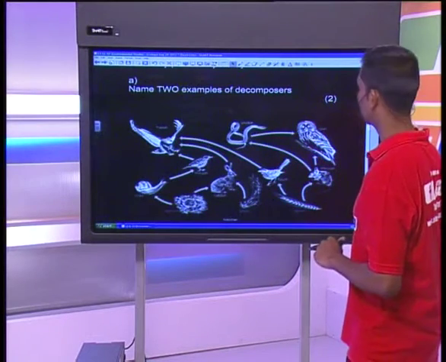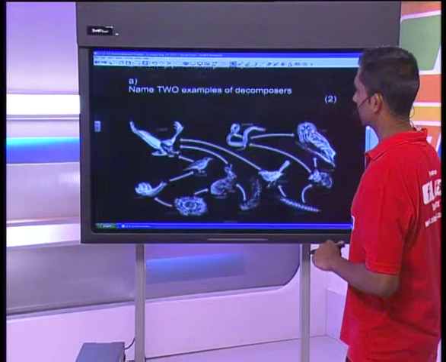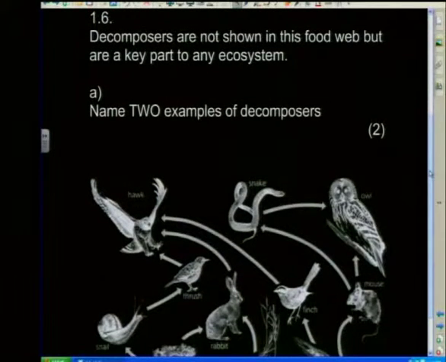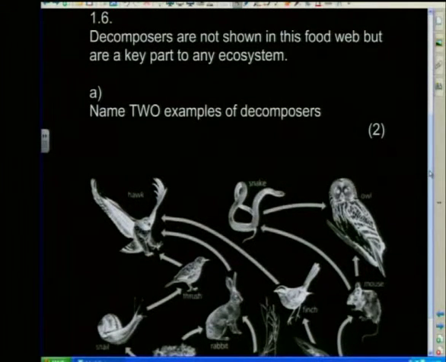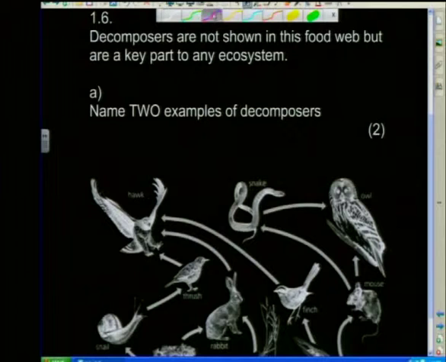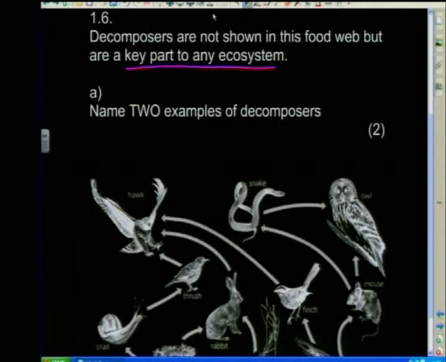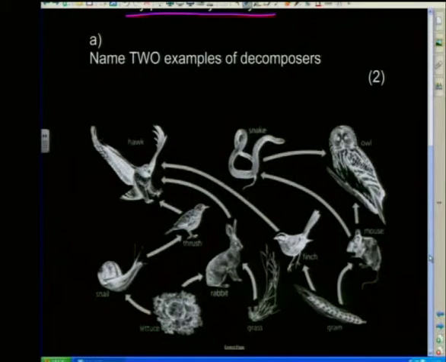So getting back to the food web. Decomposers are not shown in this food chain, but they play a key part in any ecosystem. We discussed the importance of bacteria and decomposers already. Let's look at 2 examples of decomposers.